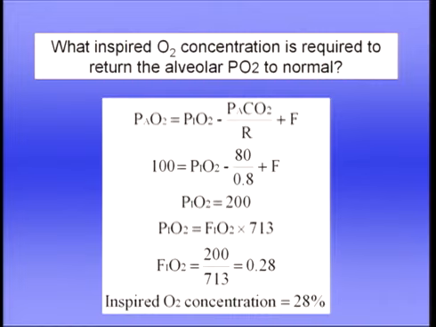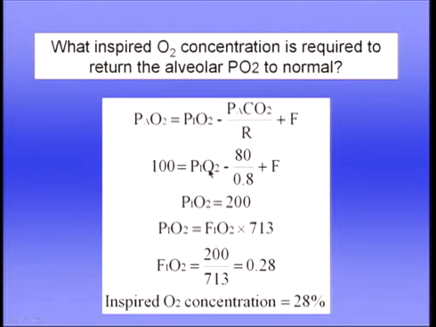What inspired oxygen concentration is required to return the alveolar PO2 to normal when we've halved the alveolar ventilation? Well, again, we've got the alveolar gas equation here, and what we want is a PO2 of 100. In other words, how do we return the alveolar PO2 from 50 to 100? So the inspired PO2 now is not known.